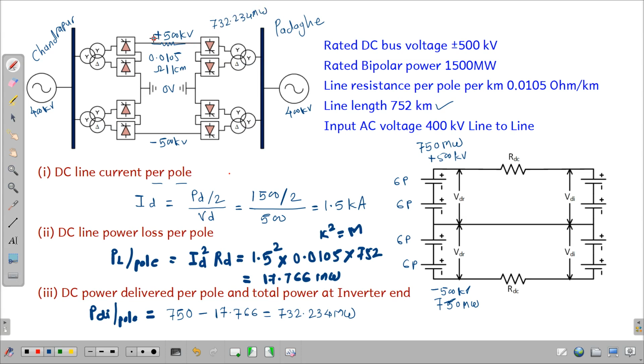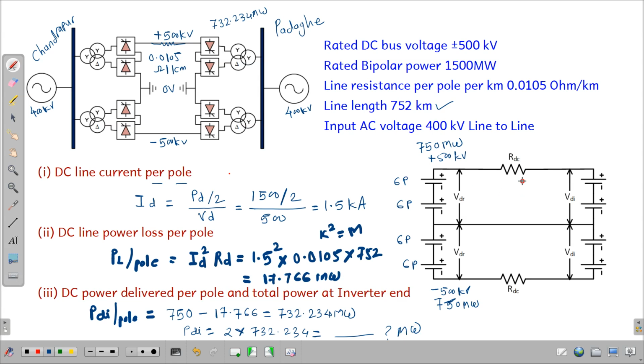The remaining goes as loss in the transmission line. So what is the total power transfer at the inverter end? It is 2 into 732.234. Calculate this answer, how much you are getting, and tell me in the comment box. This is the power delivered at the inverter end.